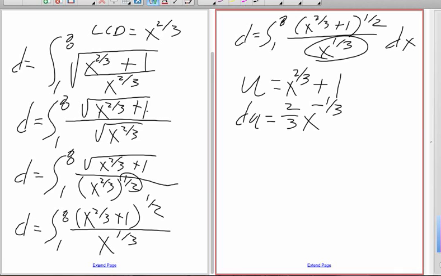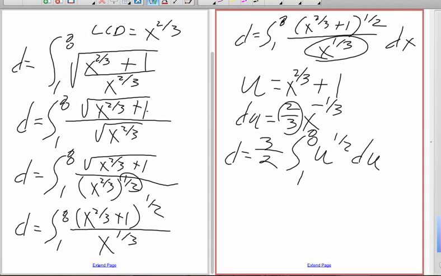We got it. Okay, this is nice. Now what we don't have is this 2/3, but I can take care of that by multiplying by its reciprocal outside. So it's going to be 3/2. And now I'm going to have the integral from 1 to 8 of u to the 1/2 du.